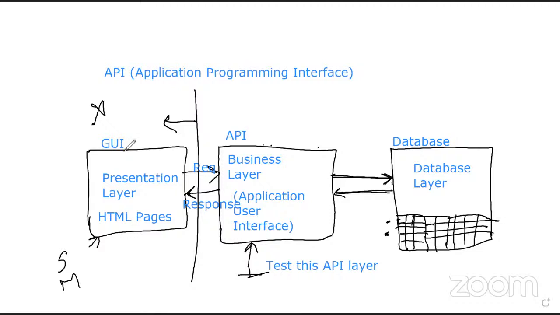Clear? So UI is not present in API testing. Clear why? Because we are testing the APIs, which are present in the business layer. Whatever actions you perform, the data is updated with that action. If you are creating a user, the user table is updated.